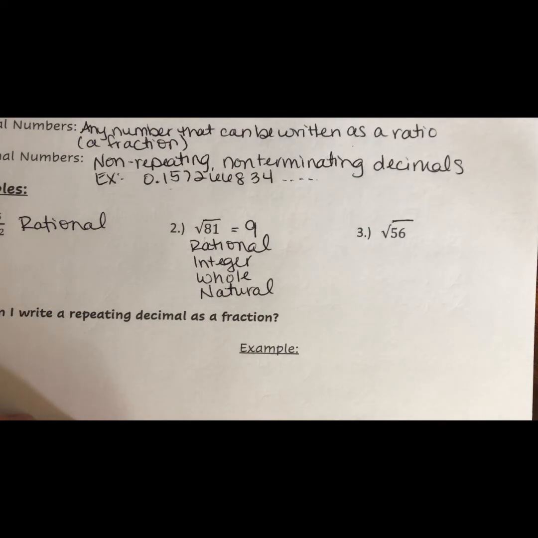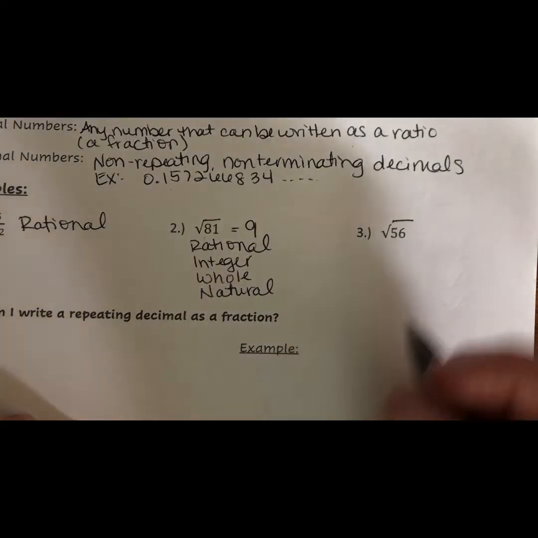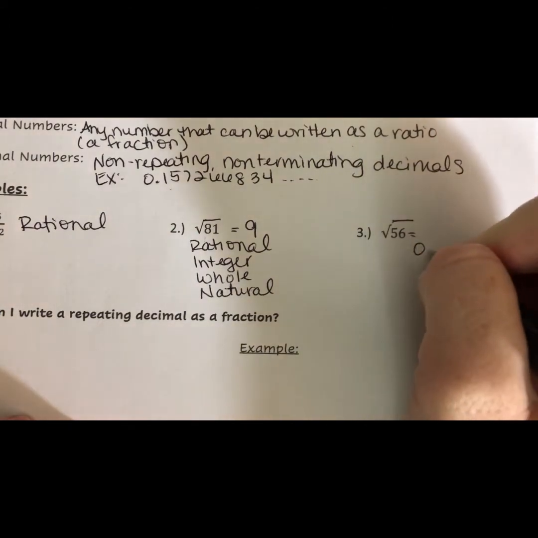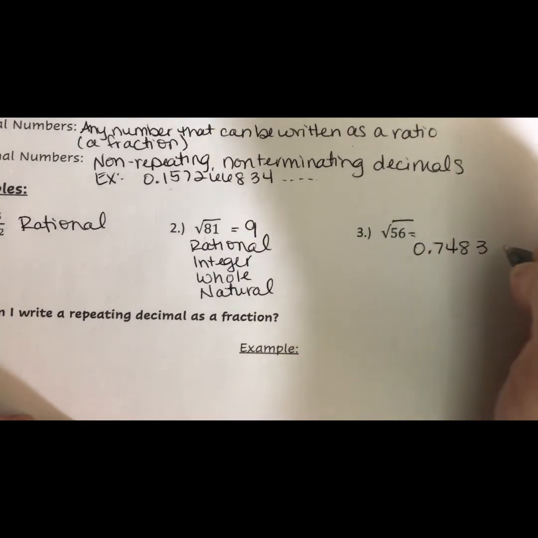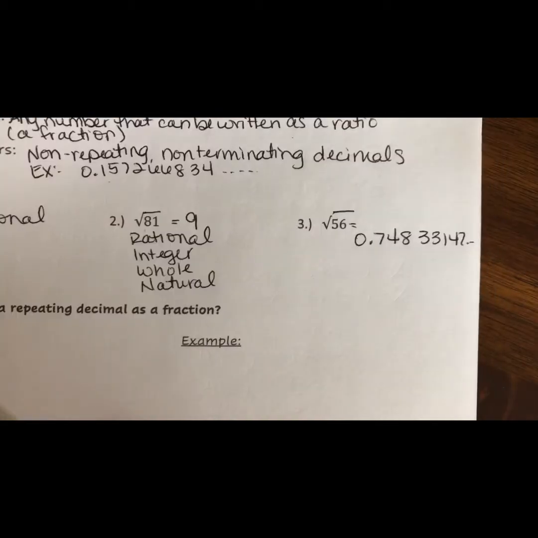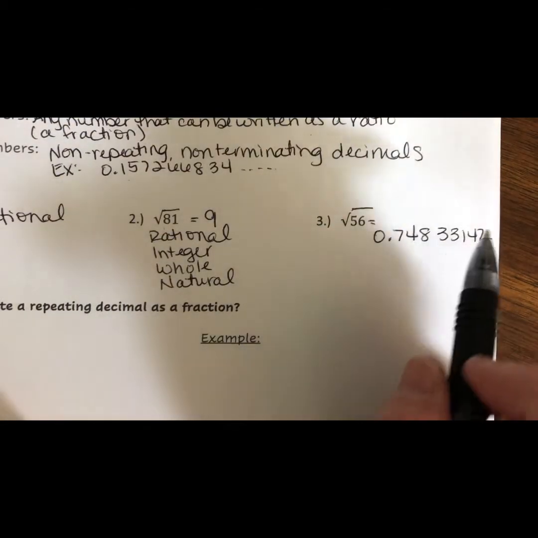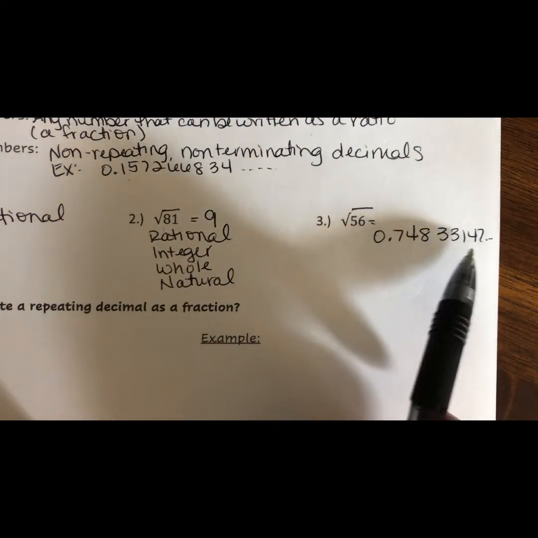If we look up the square root of 56, we get 7.48331477, and it keeps going on and on and on forever, right? It's one of those messy numbers. So does it repeat anywhere?